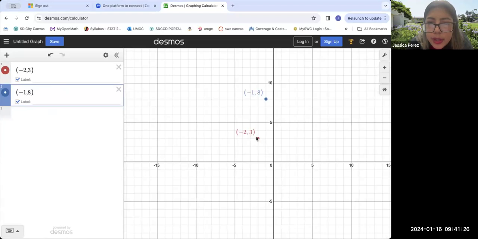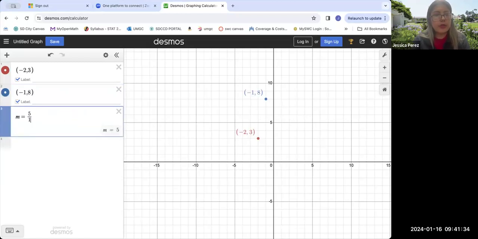Notice that I went up 5 over 1 because my slope m is equal to 5 over 1. My slope is 5, and 5 is 5 over 1. Rise over run, so notice that it's rise 5, run 1.